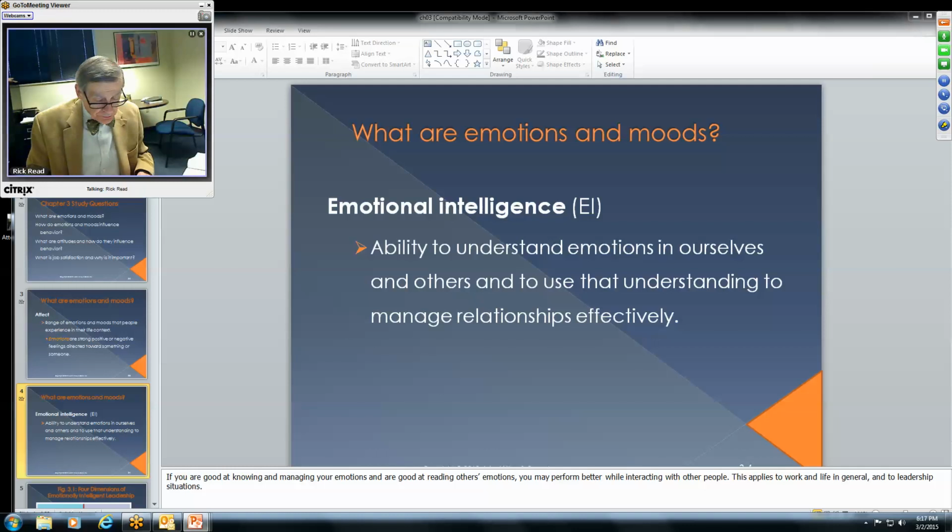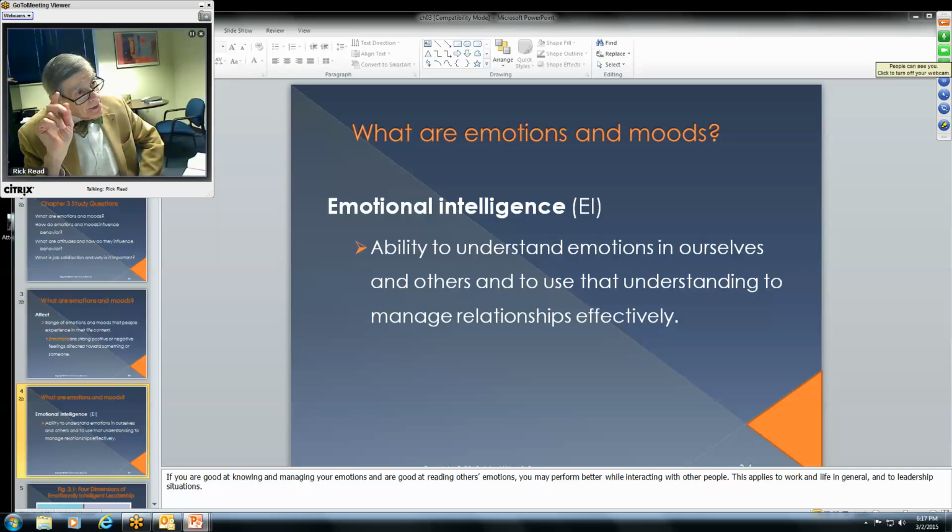So what we're trying to do is to understand ourselves and then be able to understand other folks so that we can then understand the relationship that we're in with these people and be able to manage them effectively so they don't become negative, so they don't pull at us, so they don't cause things to go wrong that we don't want to go wrong.